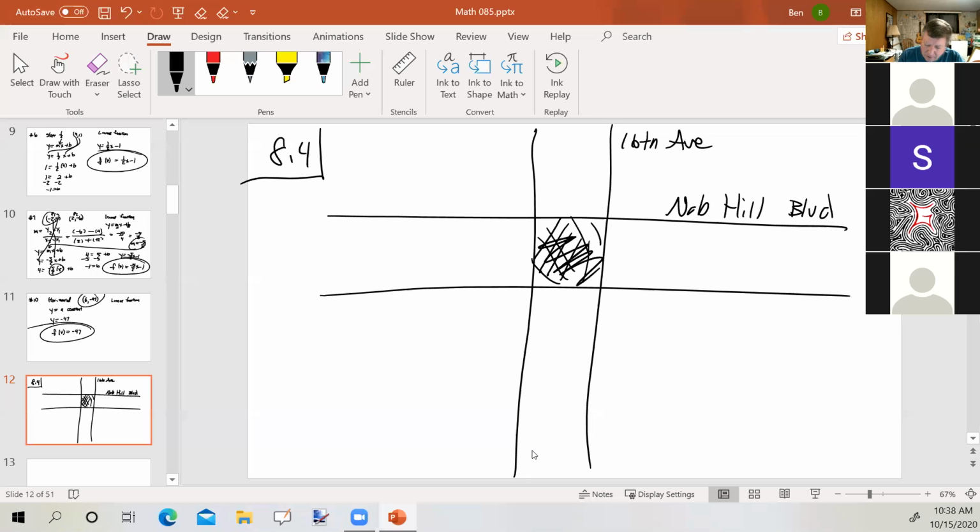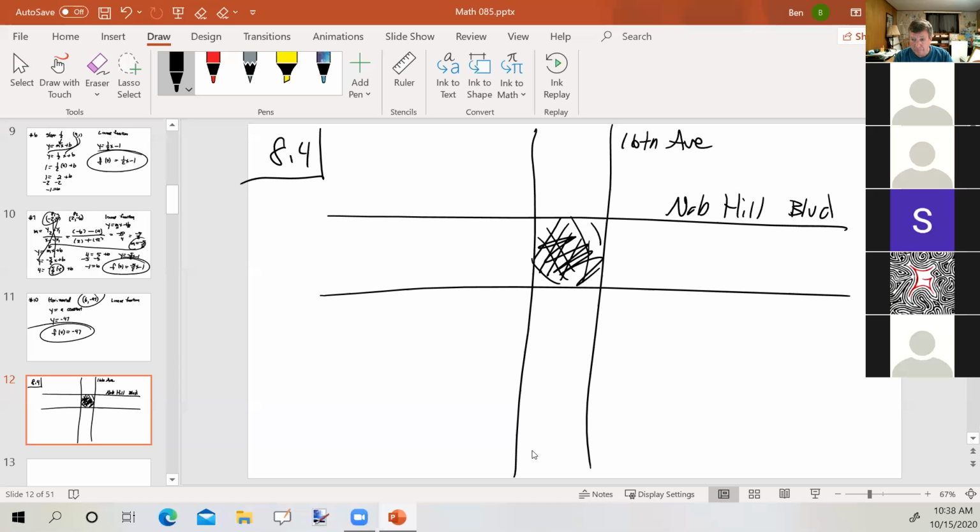This piece of property, the intersection, is it part of 16th Avenue? Yes. Is it part of Nob Hill Boulevard? Yes. So the intersection is the part that the two streets have in common, right? Or where they overlap? Okay. So that's the idea of an intersection.